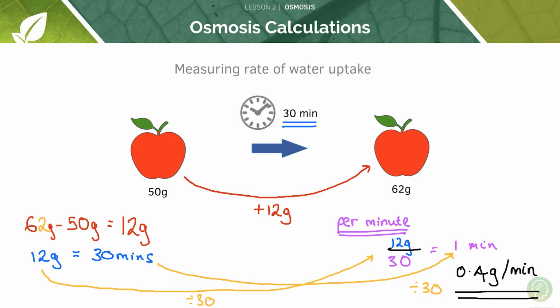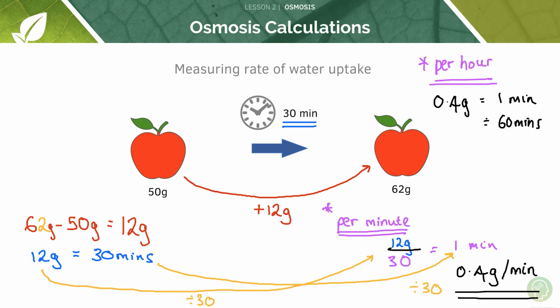So if we want to write it in per hour terms, we've already said 0.4 grams. A 0.4 gram increase occurs in 1 minute. So in 1 hour, which is 60 minutes, what's going to be our increase?